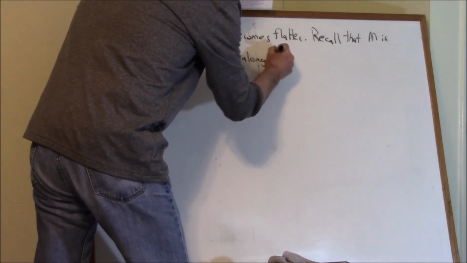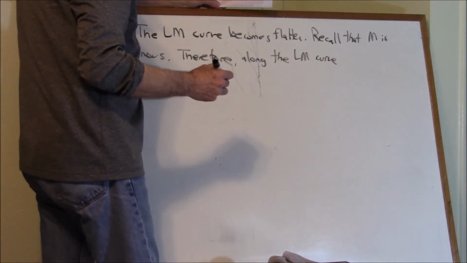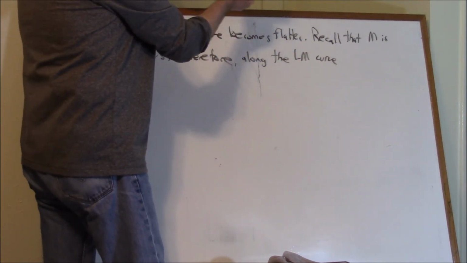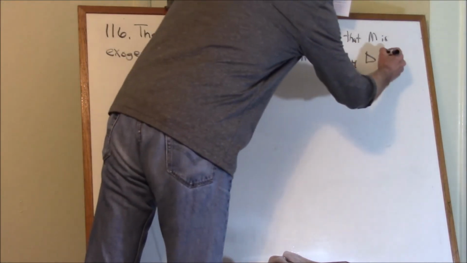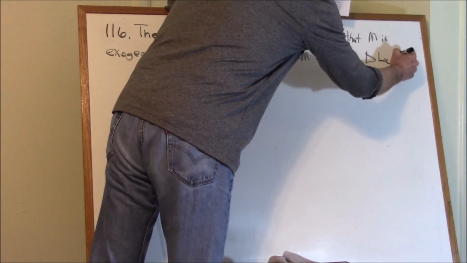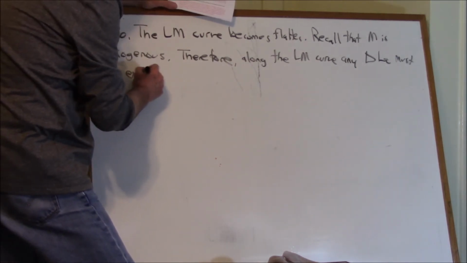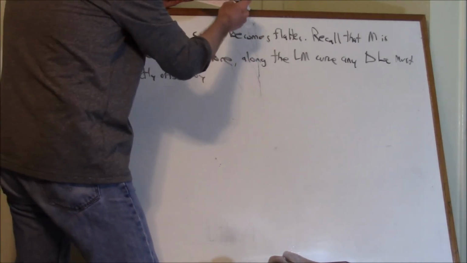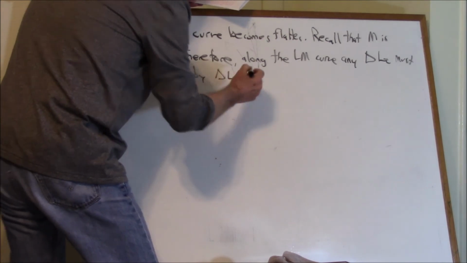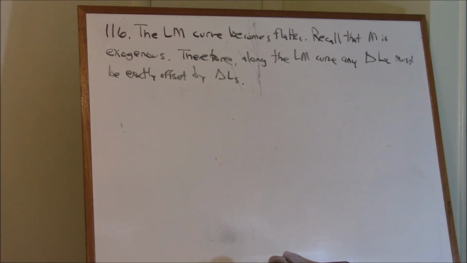Therefore, along the LM curve, any change, any delta LT, must be exactly offset by, guess what? Delta LS, which is what I was just showing. If the transaction demand goes up by 10, then the speculative demand must go down by 10, and so on.